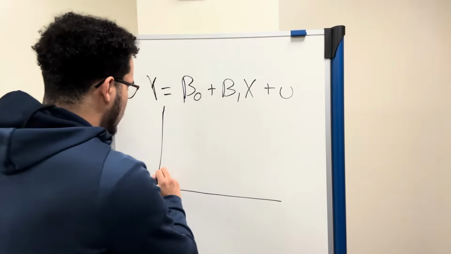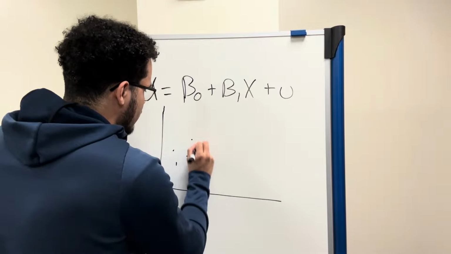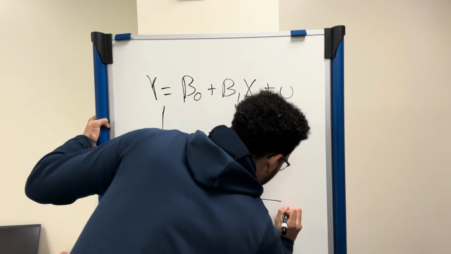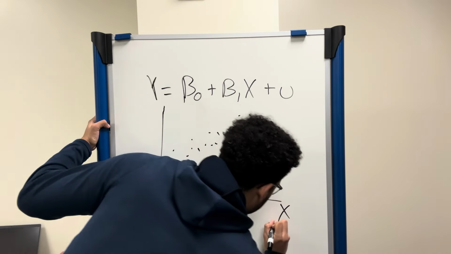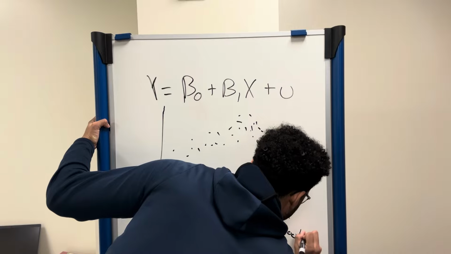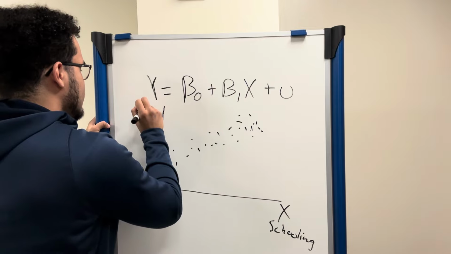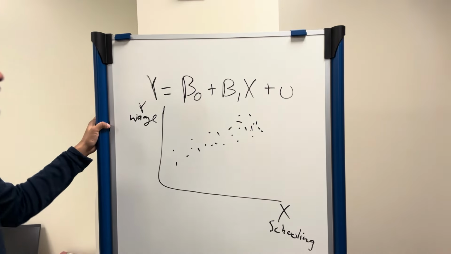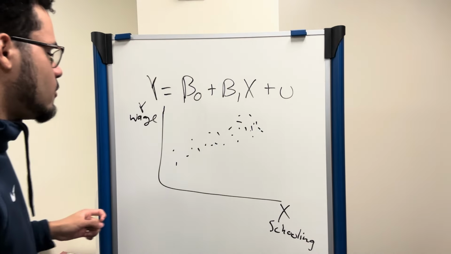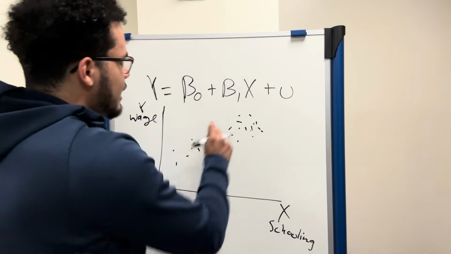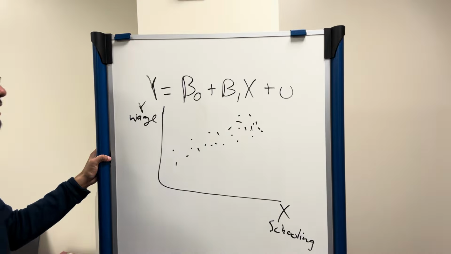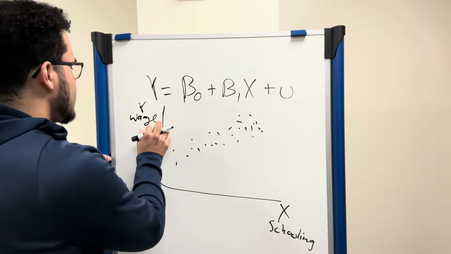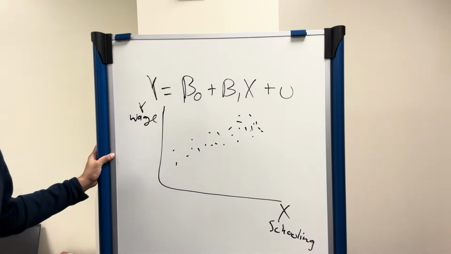So if we have a bunch of values here, and this is x, which is schooling, and then y, which is the wage, we want to establish a line that exemplifies the relationship between a 1 unit change in schooling and how that influences changes in wages.